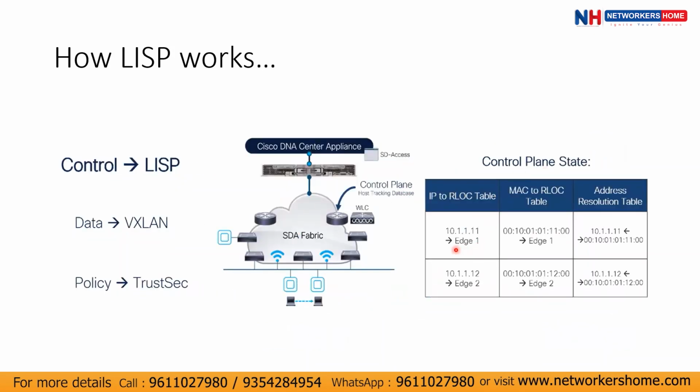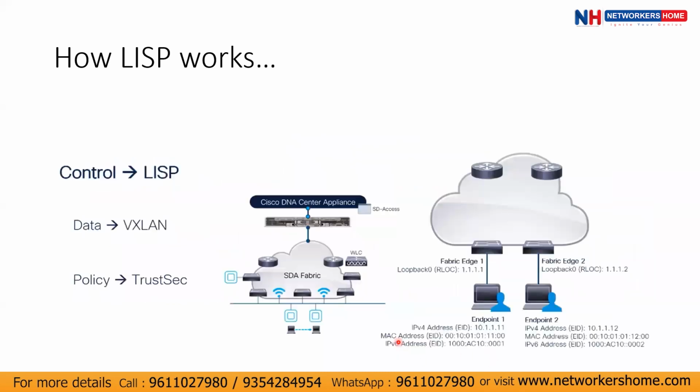Now, here, if you can see, I discussed that host tracking database, right? There is a kind of mapping which the table has. You can see I have one IP address 10.1.1.11 from the previous slide, and 10.1.1.12. And the RLOC addresses you also remember, 1.1.1.1 and 1.1.1.2.